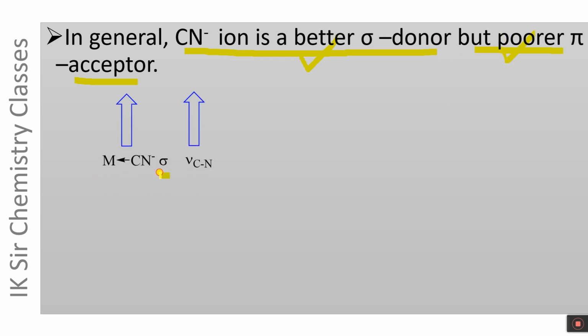So CN⁻ to metal sigma bonding takes place to a greater extent, and accordingly the increase in CN stretching frequency also takes place to a greater extent. But the formation of the metal to CN⁻ pi bond takes place to a smaller extent, and therefore the decrease in CN stretching frequency takes place to a smaller extent.